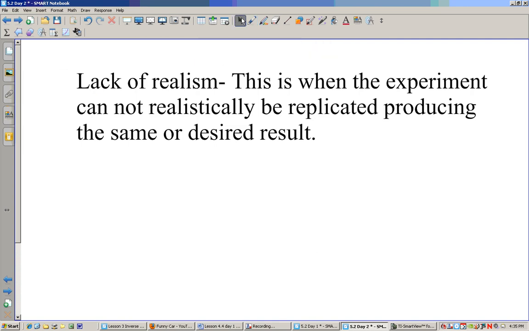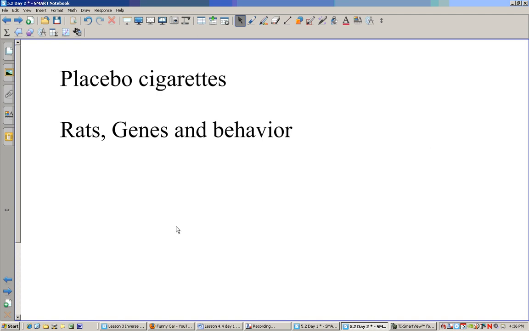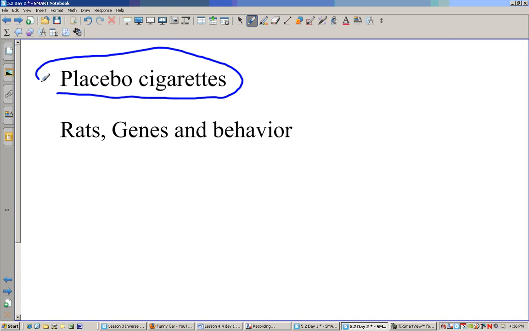Now this isn't on your sheet, but all experiments need to have some sort of realism. That means that this is when an experiment cannot realistically be replicated, producing the same or desired result. One example the book gave was placebo cigarettes. They took some marijuana cigarettes and gave some fake marijuana cigarettes, and split them up into different groups.